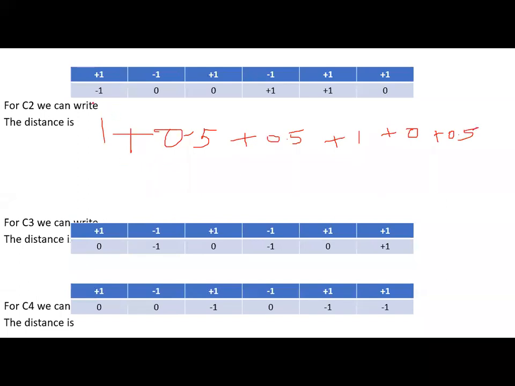Because these two are not equal, we are taking this as 1. 0 is there, so 0.5. Again 0 is there, 0.5. These two are not equal, 1. These two are equal, 0. These two contain 0, so the distance is 0.5. The total is 1 plus 1, 2, 3, 3.5.